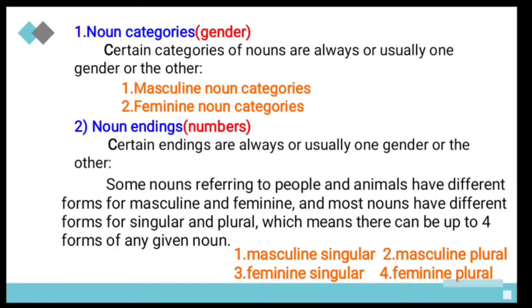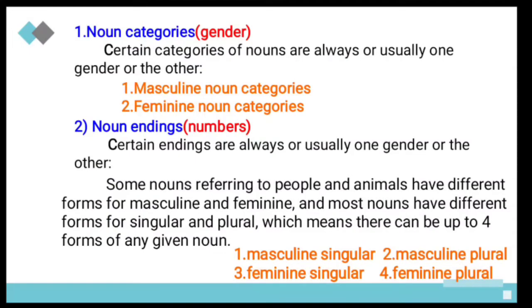Some of the nouns referring to people or animals have different forms for masculine and feminine, and most nouns have different forms for singular and plural, and it means that there can be up to 4 forms of a given noun. So what are the 4 forms?